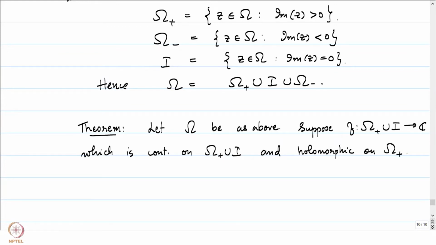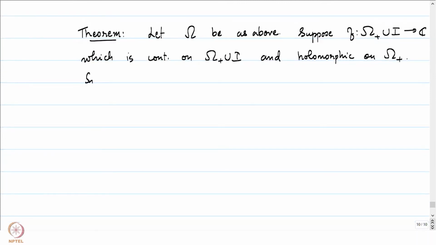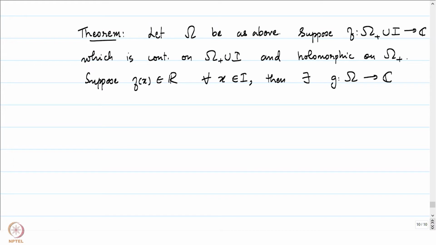Suppose f of x is real valued for all x in I. Then there exists a function g defined on omega, holomorphic on omega, such that g of z is equal to f of z for z in omega plus union I. So in other words, it can be extended to omega minus.